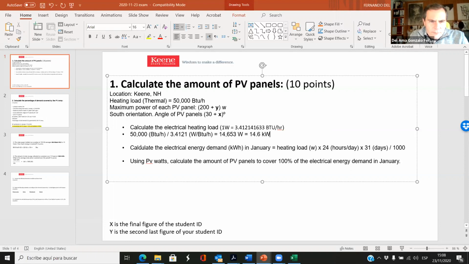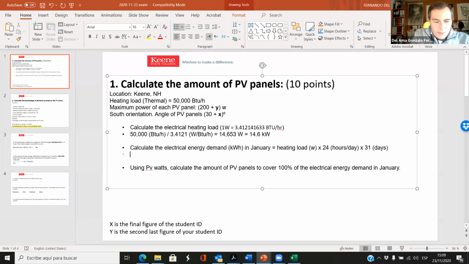Now, calculate the electric energy demand in January. So we have the heating load times 24 hours times 31 days. I will delete the division by 1,000 because we have already turned this into kilowatts. So this is 14.6 kilowatts times 24 hours per day times 31 days.